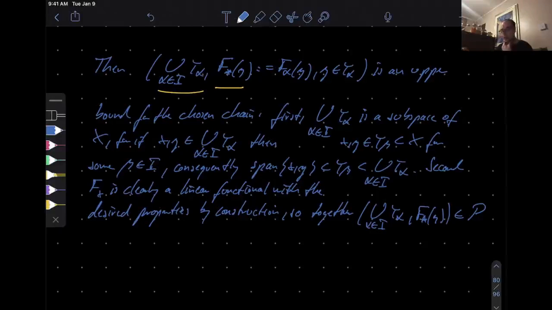And I have to check the second criterion, which is really what it means for something to be an upper bound.